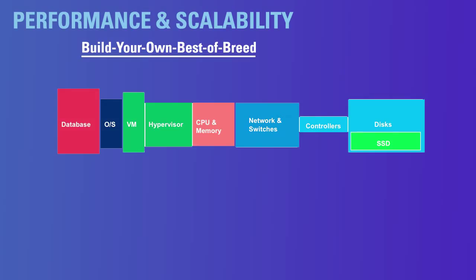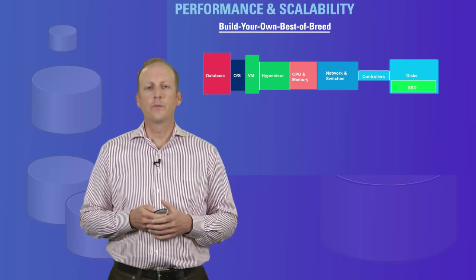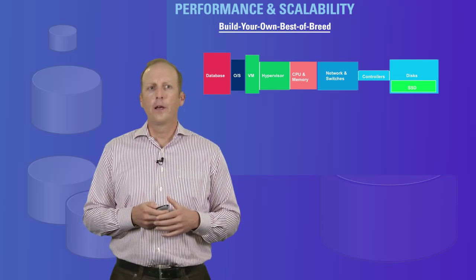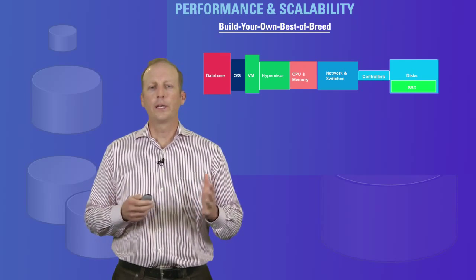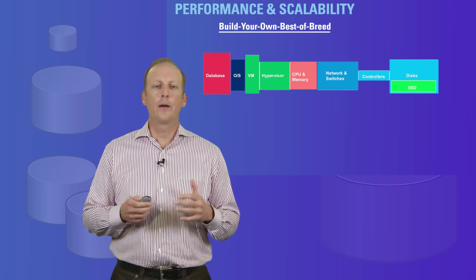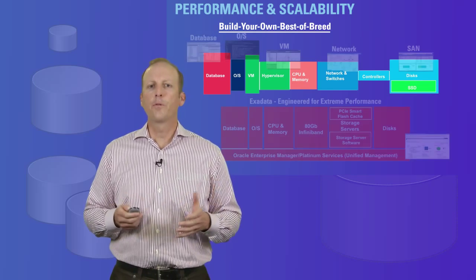That means you have a database from one vendor on a number of different operating systems to choose from: VMs, hypervisors, disks, network, CPU, lots of different things you can choose from. Most of the systems in place today, customers have a variety of these components all working together. The point is, there's really no commonality, they're very expensive to support, and they're not really that performant.